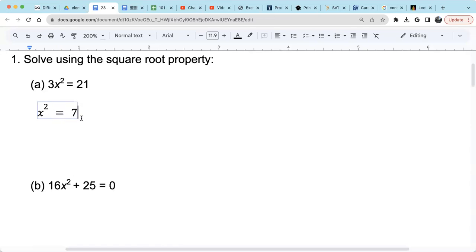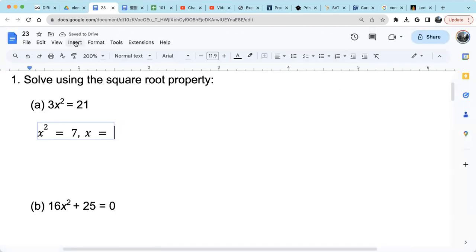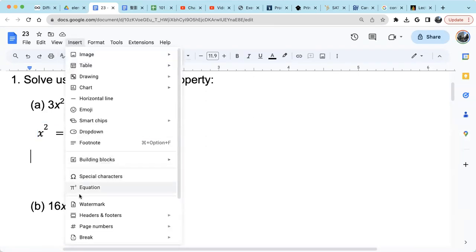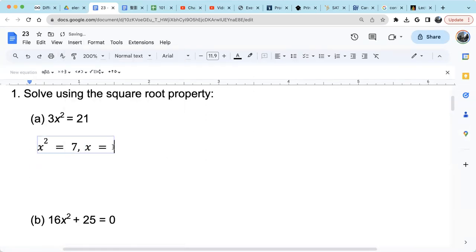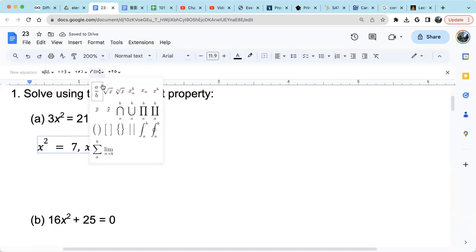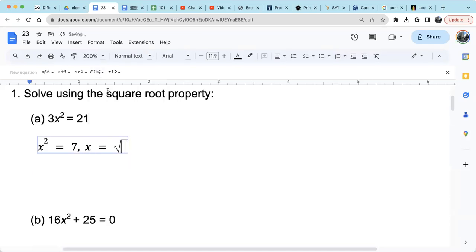Then we square root both sides. We get x equals plus and minus the square root of 7.